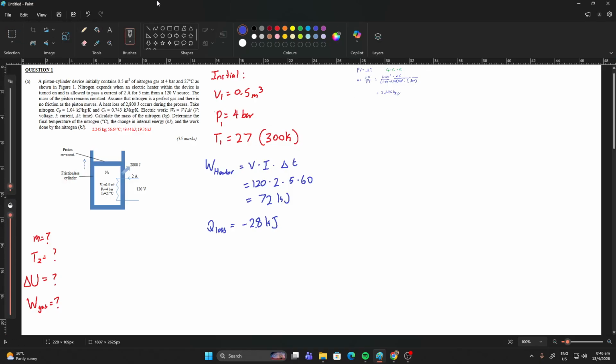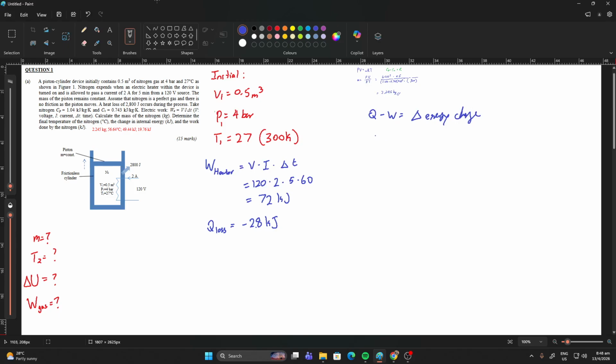What do we want to find next? T2. Alright, so how do we find T2? Let me think. Alright, looking at my formula sheet, I have Q minus W equals energy change.